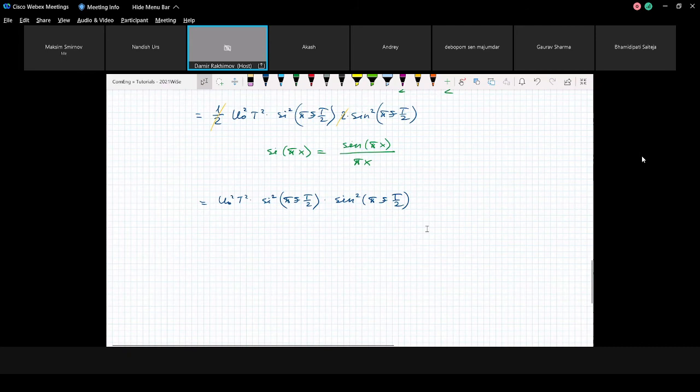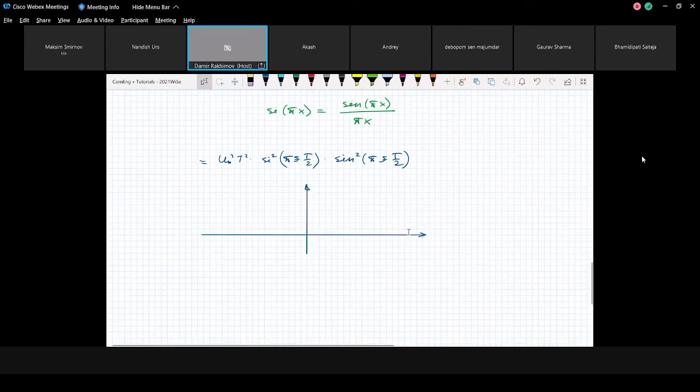Okay, so now let's make a plot of everything that we get. So it's our first function, and then we also plot the second function.